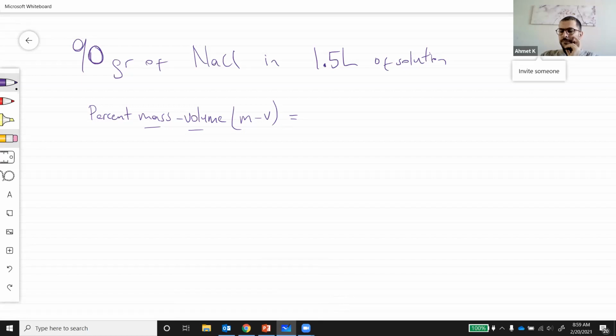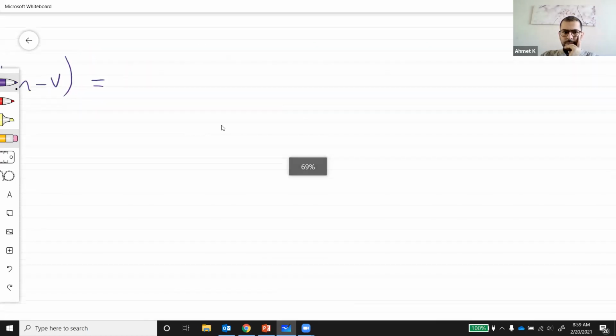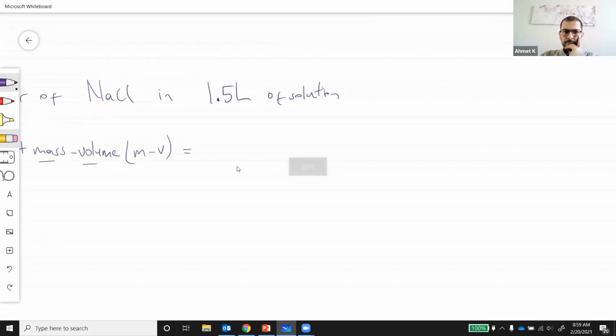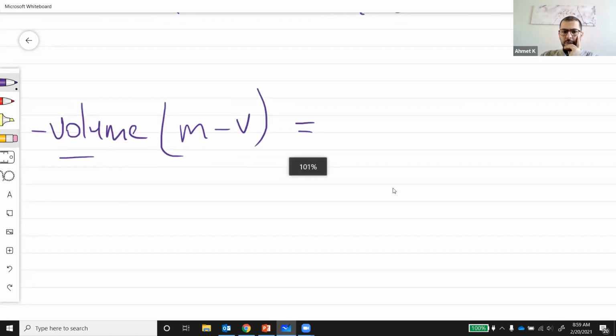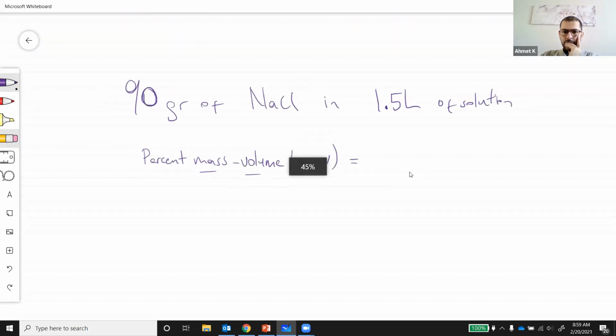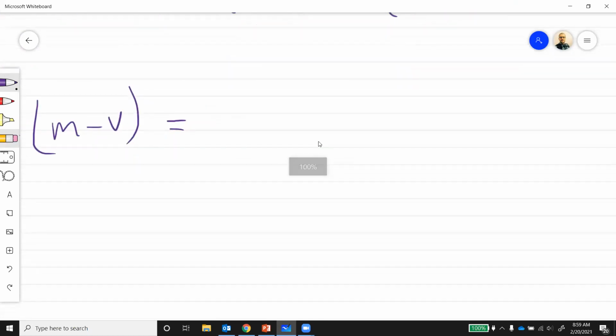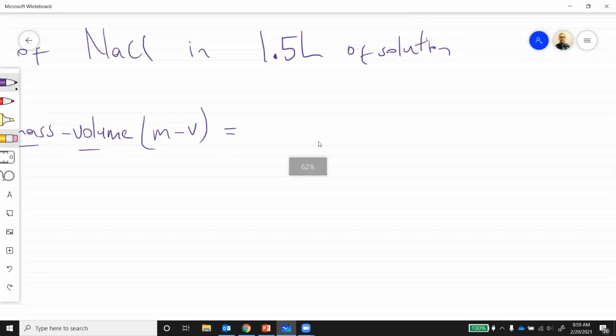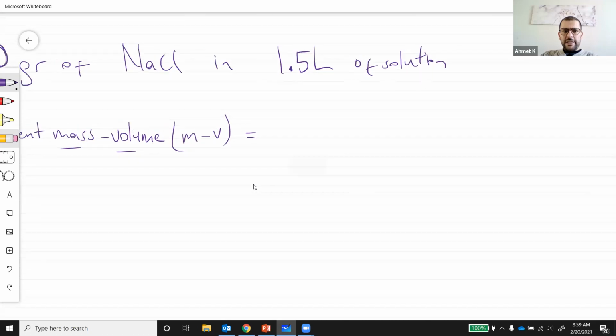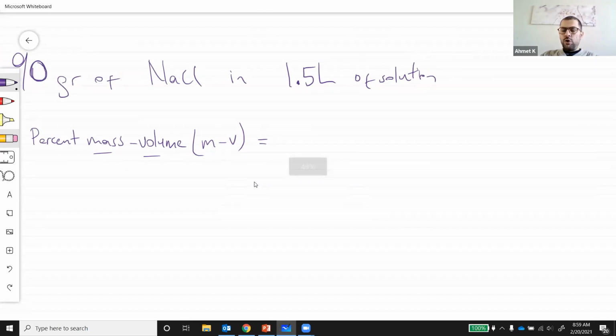All right. What do we get, everyone? 6%. Okay. In order to get the mass volume percent, we need to find the mass of our solute, and this has to be divided by the volume of solvent.